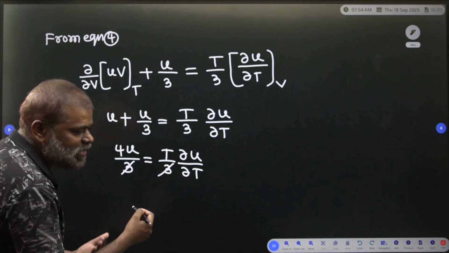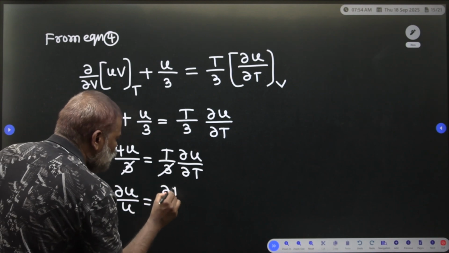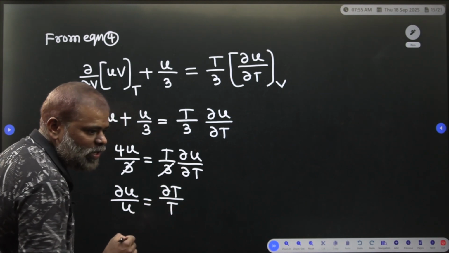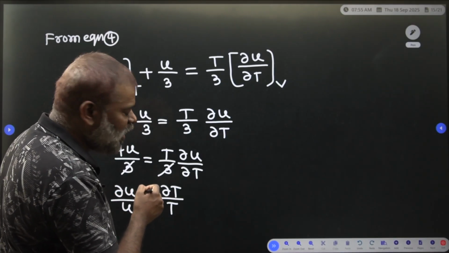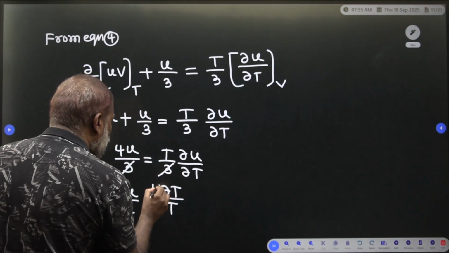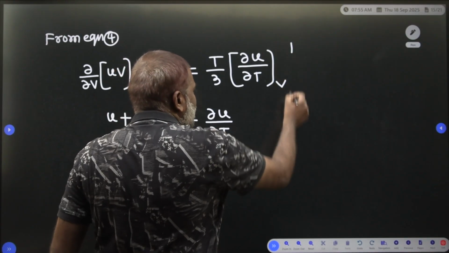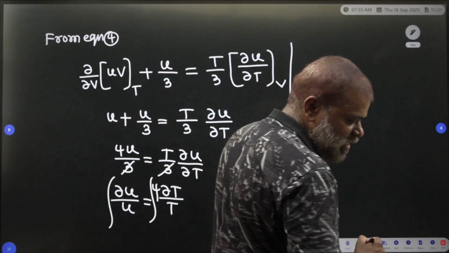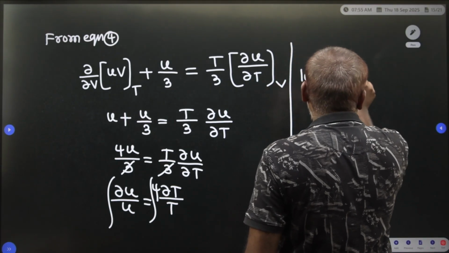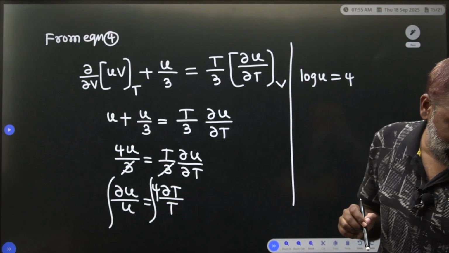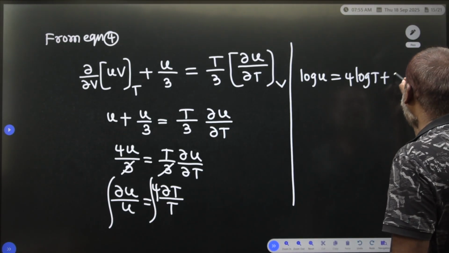Now, you have to rearrange the expression. Dou U by U is equal to 4 dou T by T. You have to take the 4 here, and integrate on both sides. You are going to get log U is equal to 4 into log T plus some integral constant.